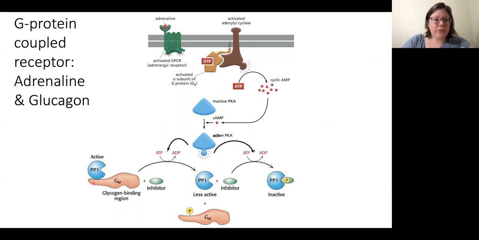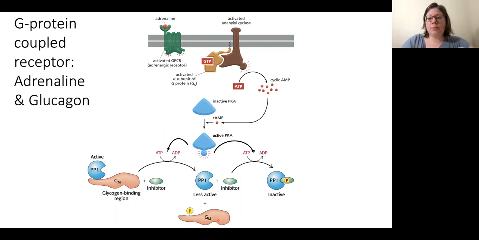But if we're doing adrenaline and glucagon signaling, I don't want to be synthesizing glycogen. I want to be breaking it down now, releasing that into the bloodstream to increase our blood sugar. I need to inactivate protein phosphatase 1. So the activity of PKA can phosphorylate a subunit, a complex protein with PP1.